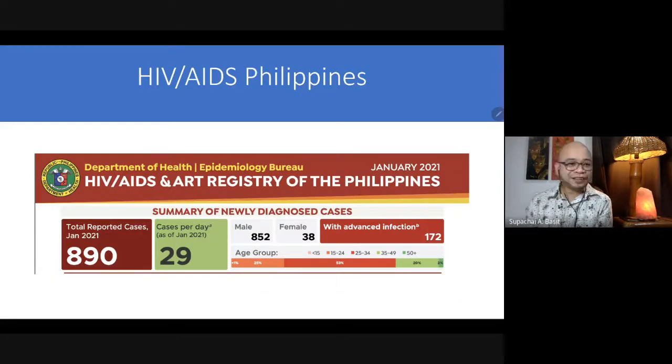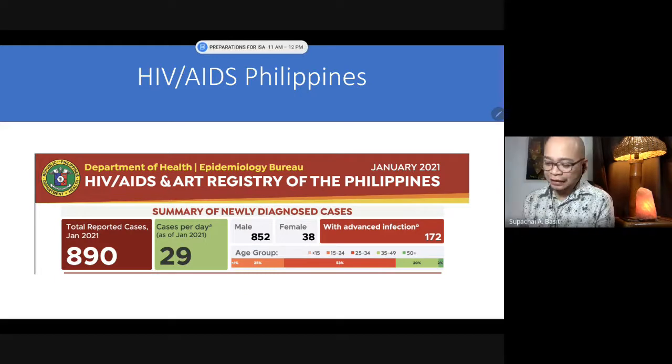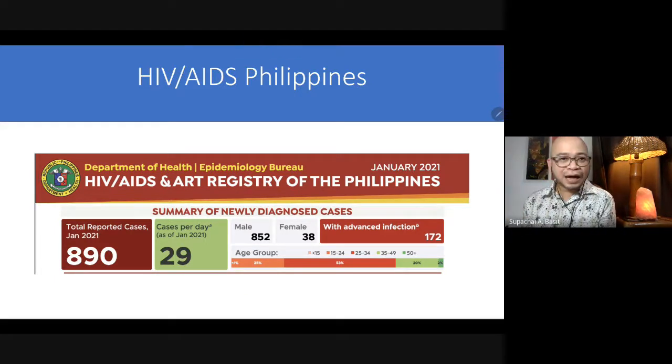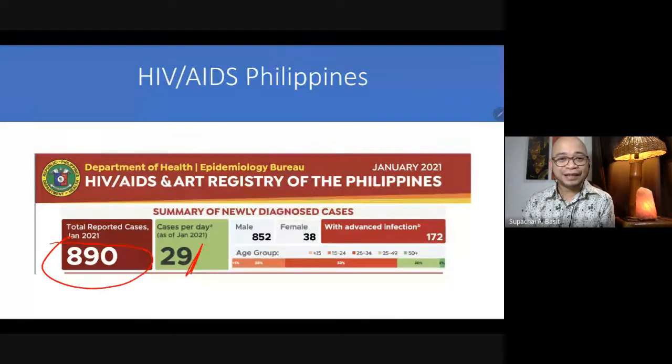In the Philippines, in January 2021 alone, 890 people got infected. Meaning to say, in a span of 1 month only, 29 new HIV cases are being reported, and the majority of these are male, 152, and only 38 are female.